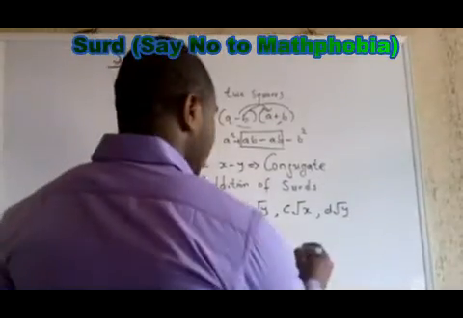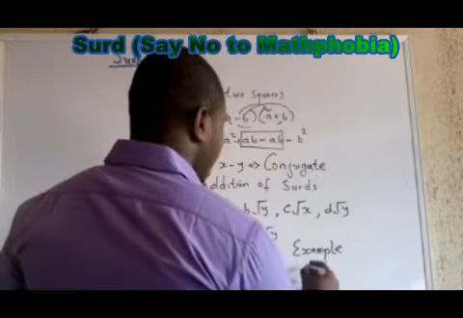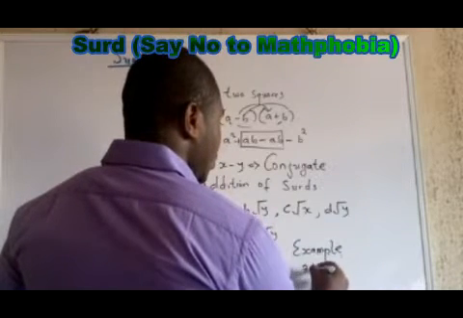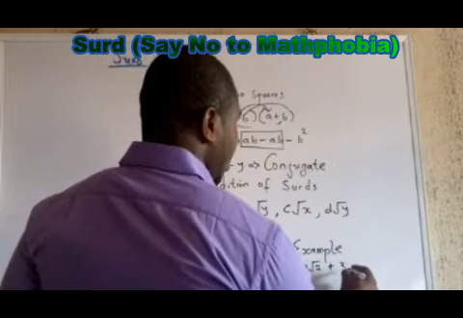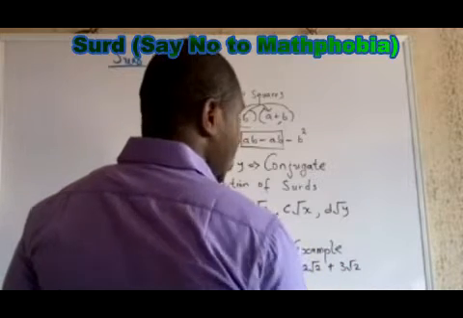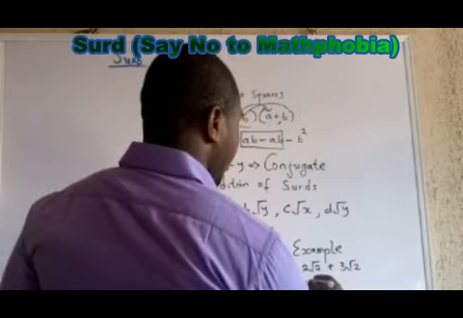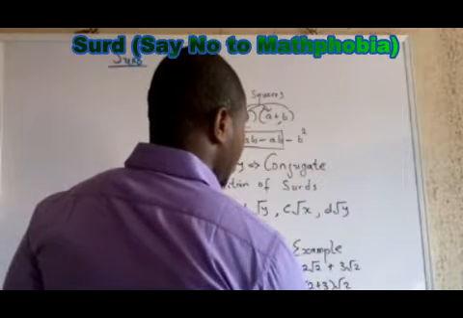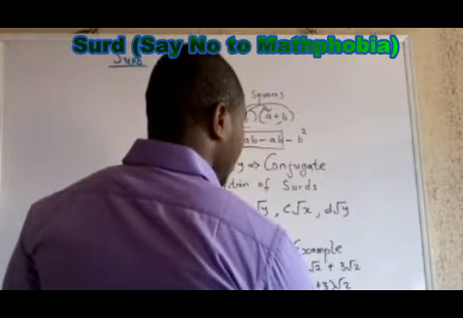For example, 2 root 2 plus 3 root 2 is actually equal to 2 plus 3 root 2, which is equal to 5 root 2.